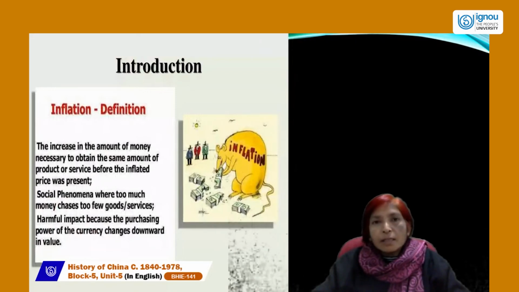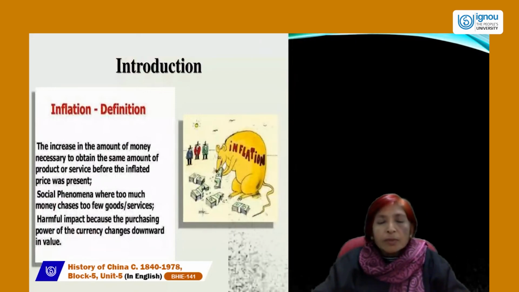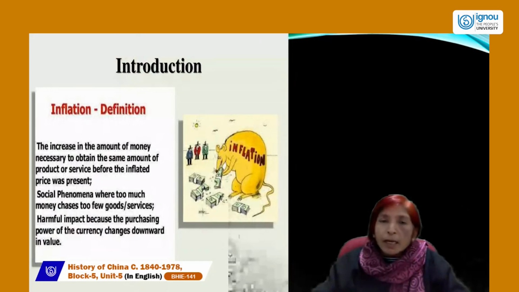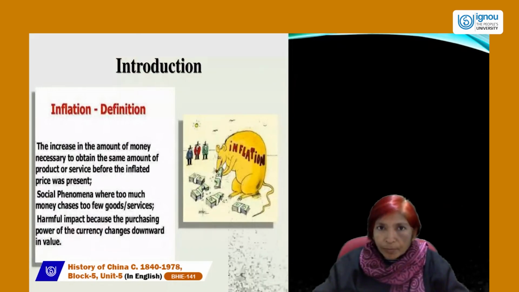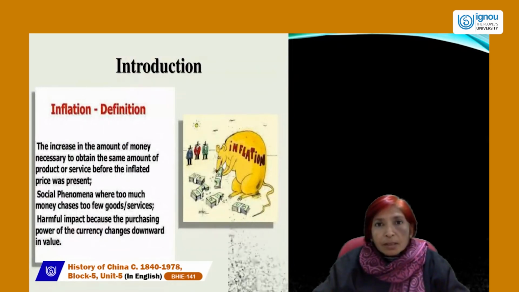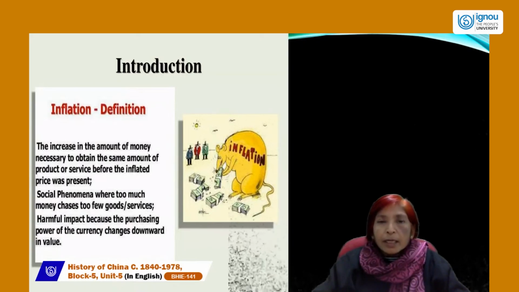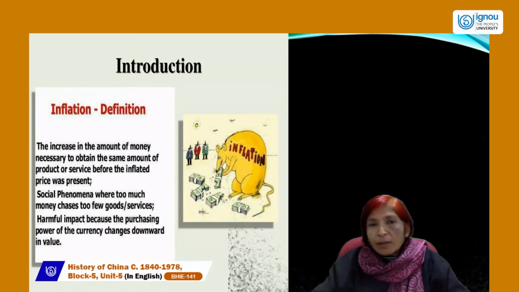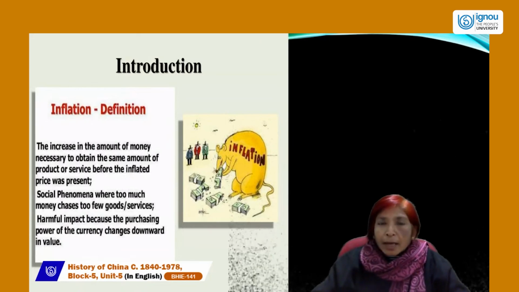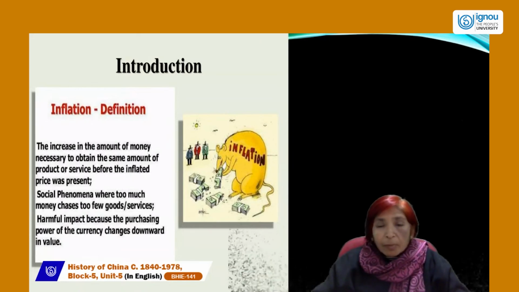When price increases continuously for a long time period, that is called inflation. And inflation is a general phenomenon because it occurs from time to time. In India, at the first 5-year plan, the inflation rate was very low.